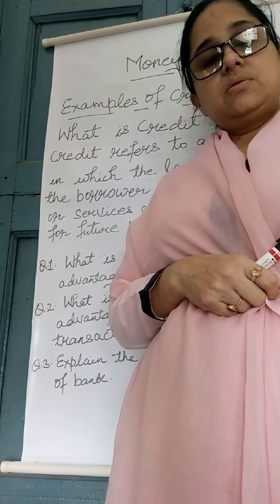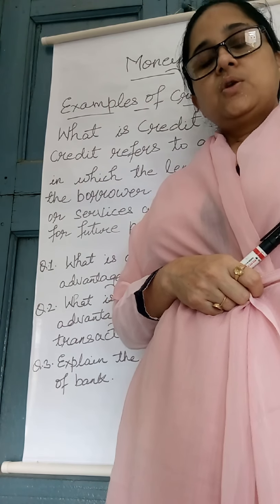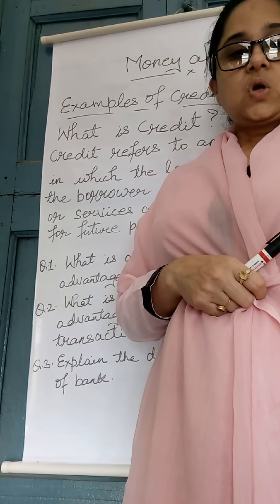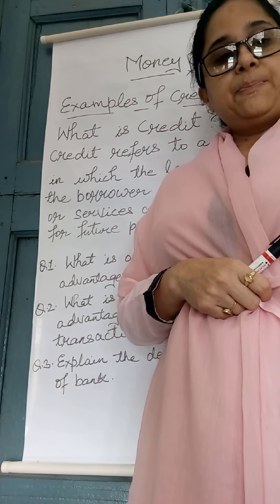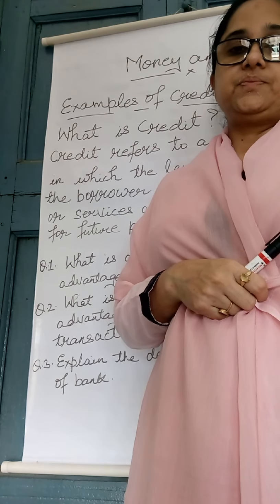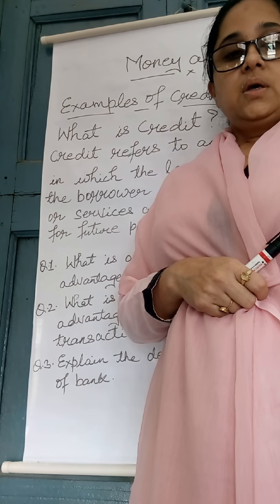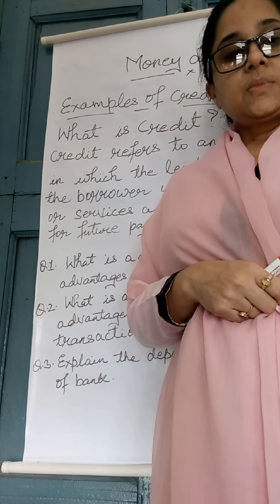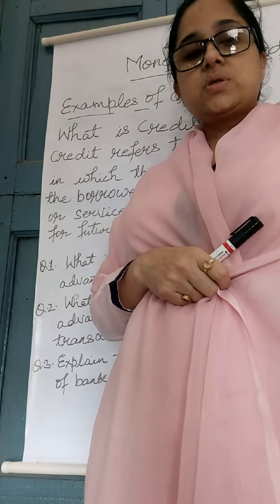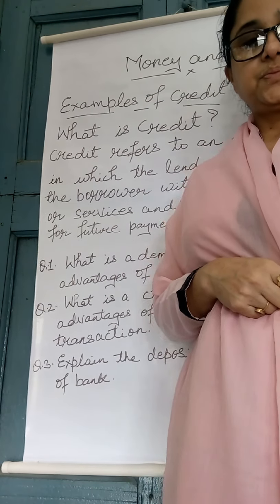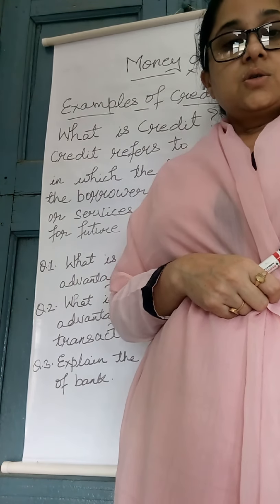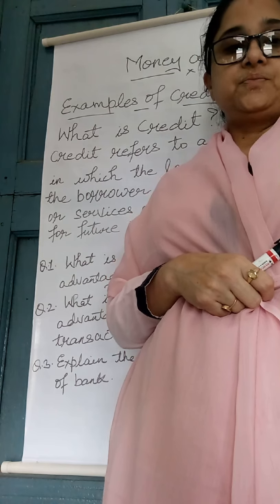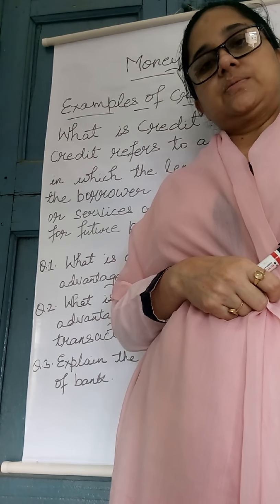Now, from the two examples, we can learn that credit may be helpful or harmful depending upon the situation. In one case, credit proves useful, while in the other case, it goes against the borrower. So, whether credit would be useful or harmful depends on the situation.